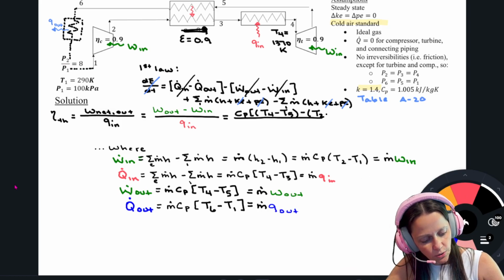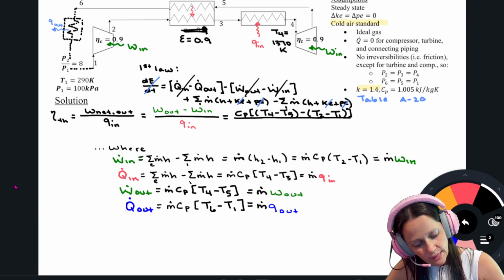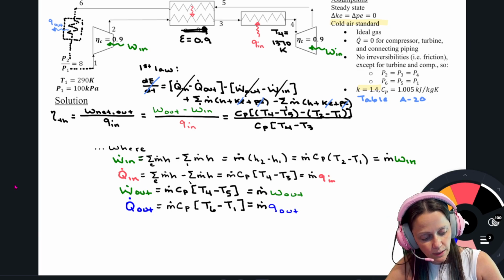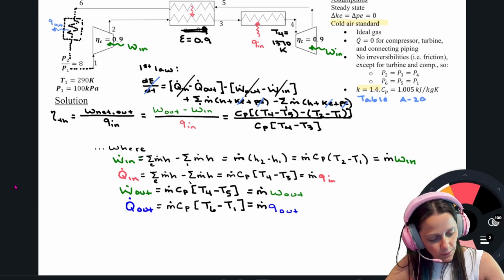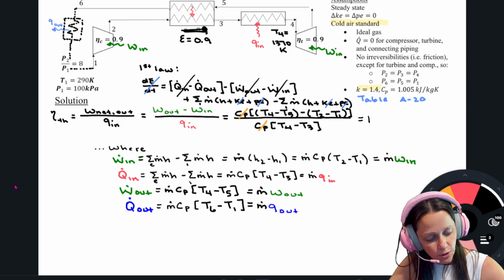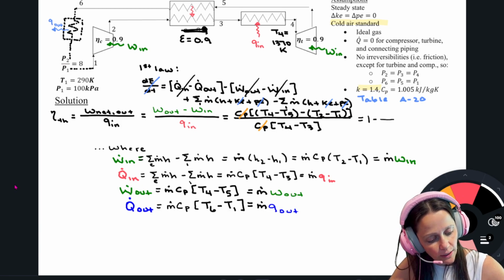And then this guy down here, q in, is just going to be CP times T4 minus T3. And of course your CPs, yes, they're going to cancel out. But there you go. You can also put this in terms of 1 minus q out over q in.